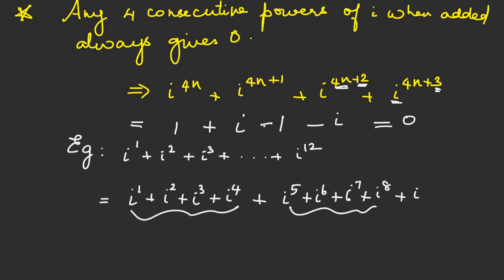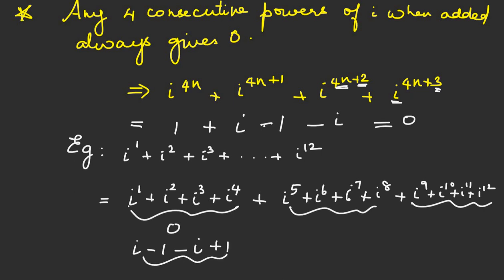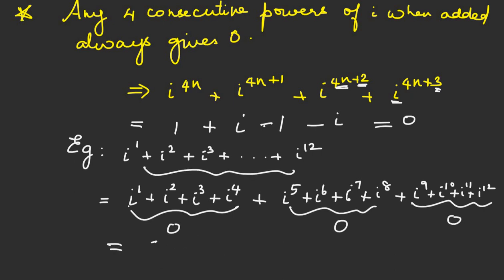Next set i power 9 plus i power 10 plus i power 11 plus i power 12. Now for each sum of consecutive terms, it is i, i minus 1, i cube is minus i, plus i power 4 is 1, which gives us 0. Therefore the sum of all the numbers, sigma i power n where n is equal to 1 to 12, is equal to 0.